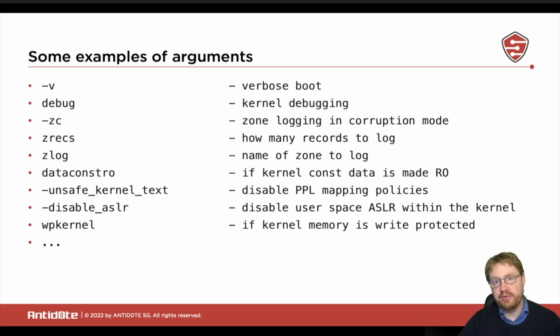You have disable ASLR, which allows you to disable userland ASLR. WP kernel is the write protection of the kernel, but that's an x86-64 specific kernel boot argument, where unsafe kernel text was basically ARM64 specific.